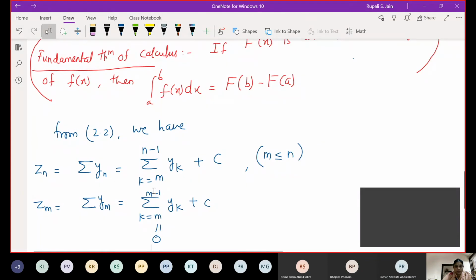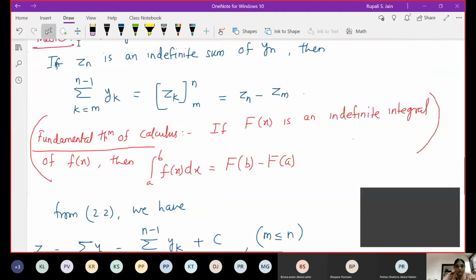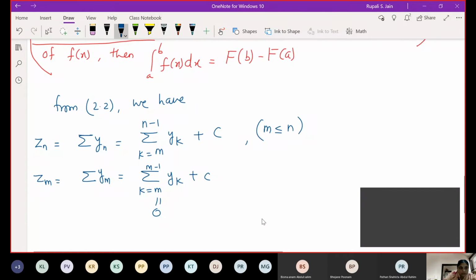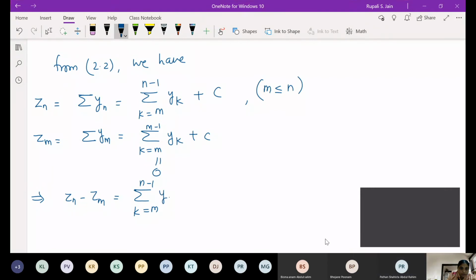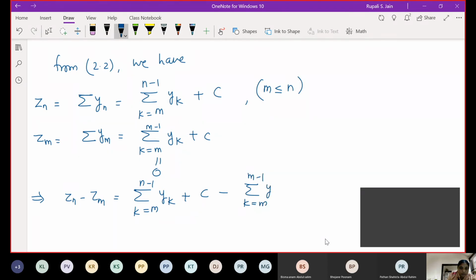So therefore, what is Zn minus Zm? Summation k is equal to m to n minus 1 of yk plus c, minus summation k is equal to m to m minus 1 of yk plus c.